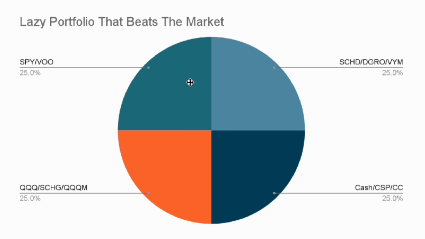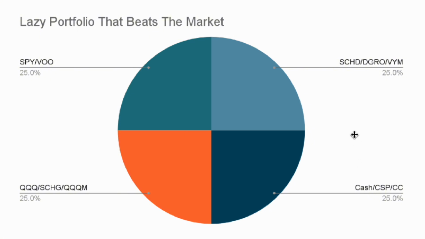So how can you build this portfolio? Say, for example, you are starting off with $1,000, you can divide that into 4 equal proportions and see if that fits your way. That would be $250 in SPY, $250 in SCHD, $250 in QQQ, and $250 in cash.